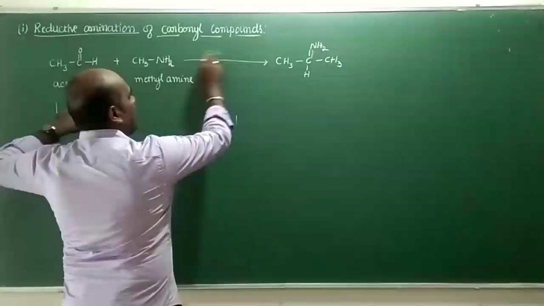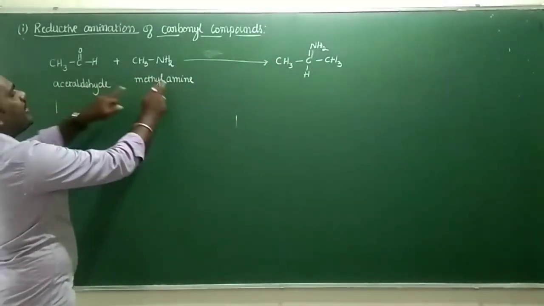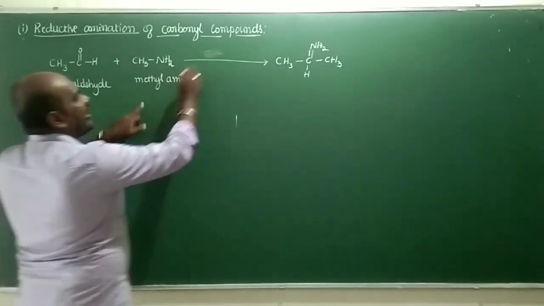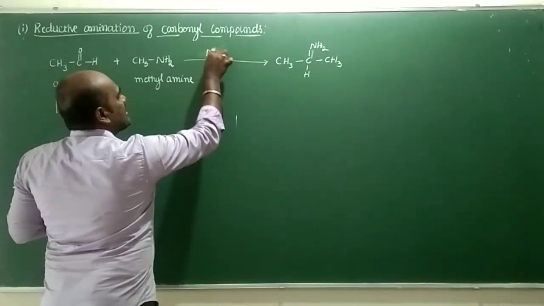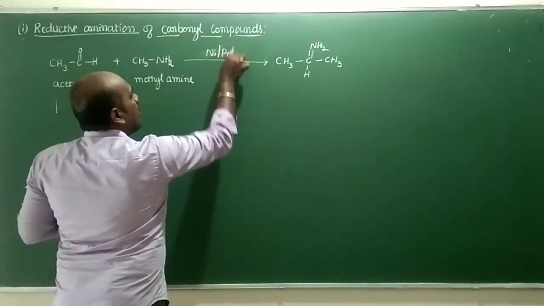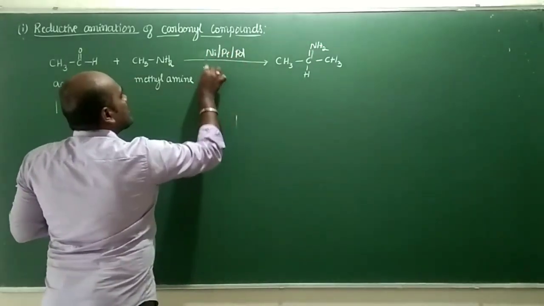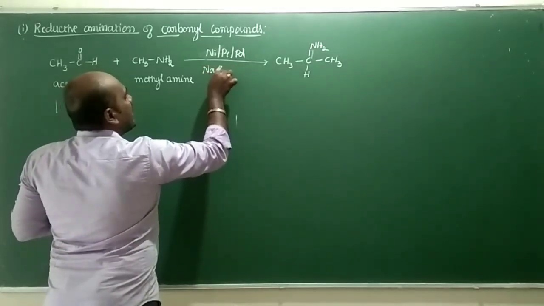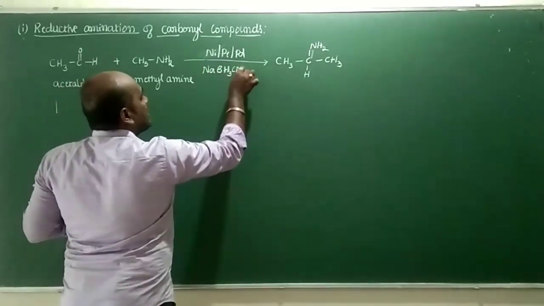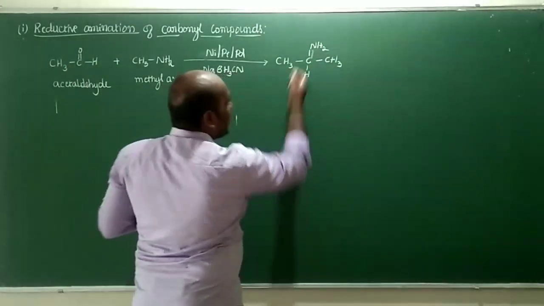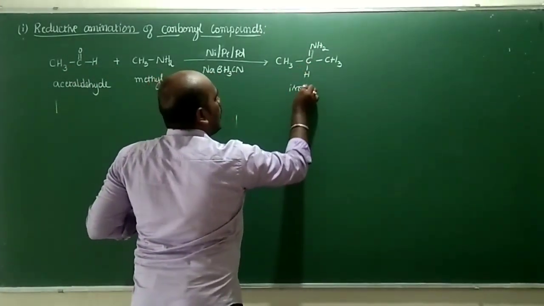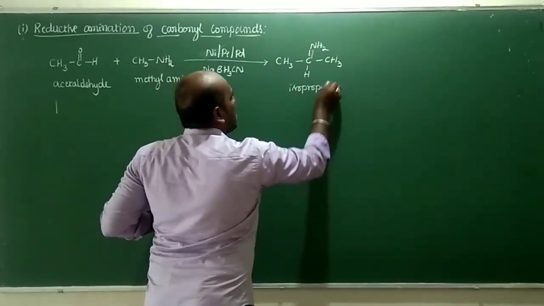you will be getting a secondary amine. So acetaldehyde on reaction with methylamine in presence of a reducing agent such as nickel, platinum, or palladium, or in presence of sodium cyanoborohydride, we are instantly going to get a secondary amine, and here we got isopropyl amine.